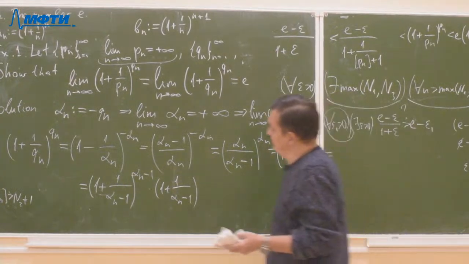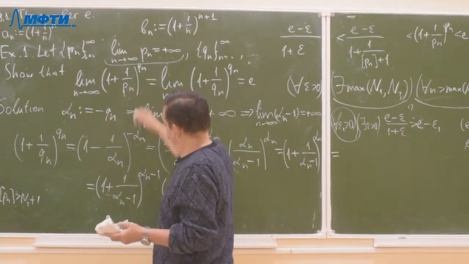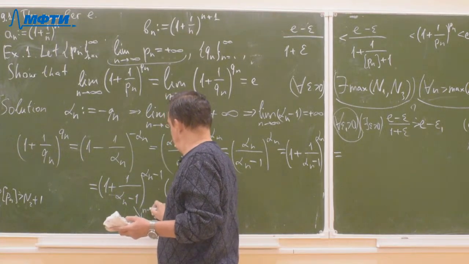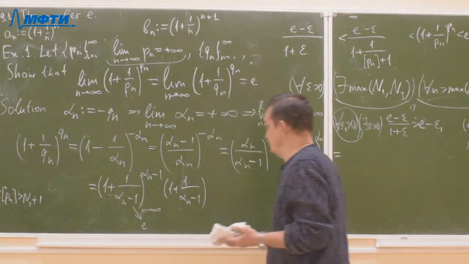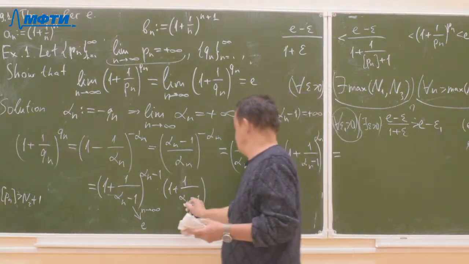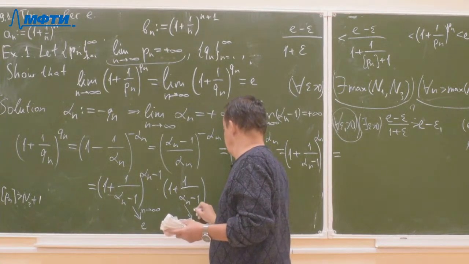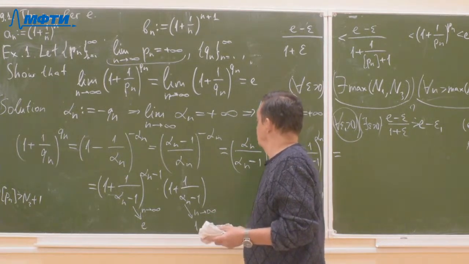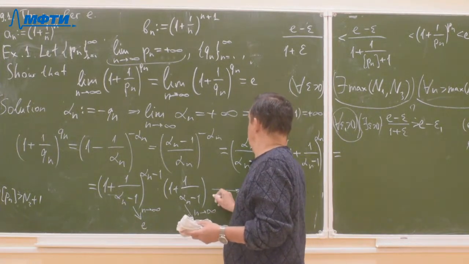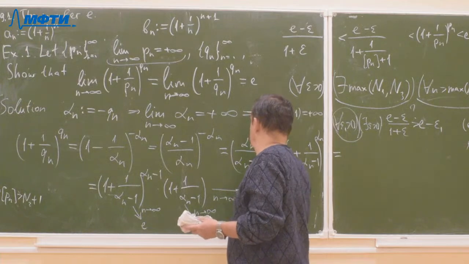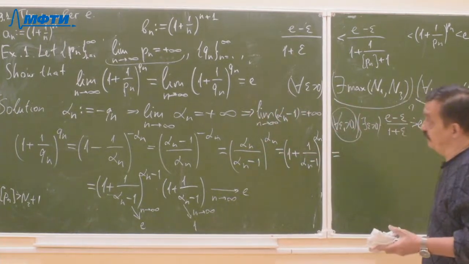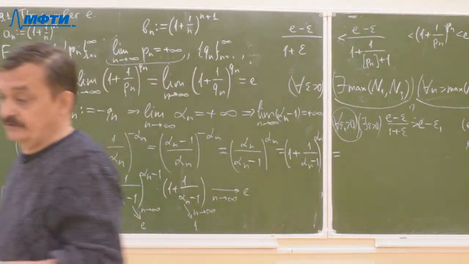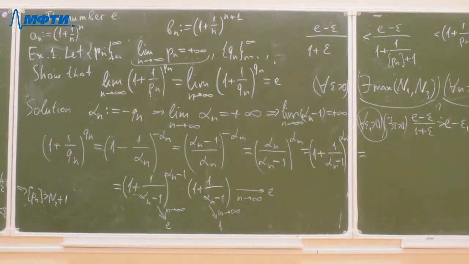So by the proven part, the first term tends to e as n tends to infinity. The second term tends to 1 as n tends to infinity. So then the product tends to e, and that is done. Okay, that is about the number e.